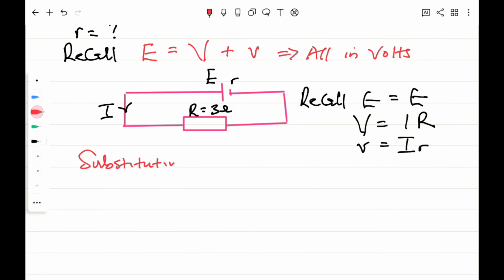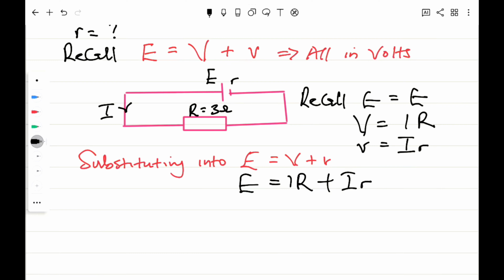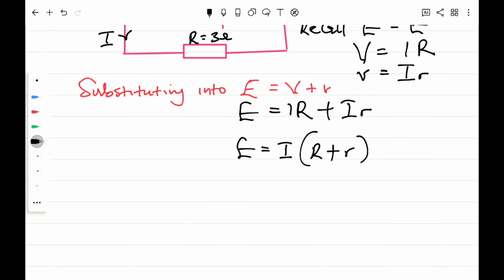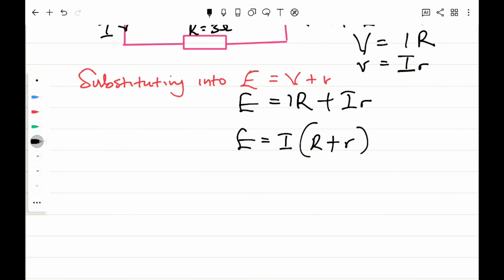So if we substitute into the original equation, E is equal to V plus v, so E is equal to IR plus Ir. What is common here? E is equal to I into R plus r. I've given you this so that in case your question comes in this form or format, you'll be able to solve your problem. But let's solve this problem now properly.